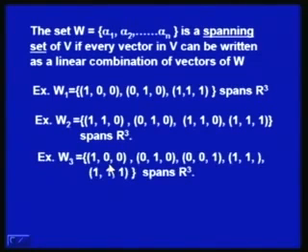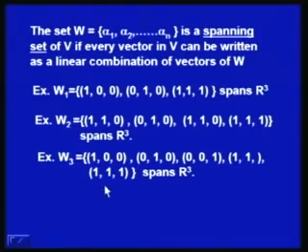This is not all. You can have another subset W3 consisting of a different set of vectors 1 0 0, 0 1 0, 0 0 1, 1 1 1 and 1 1 0 that spans R3. This can also be checked.